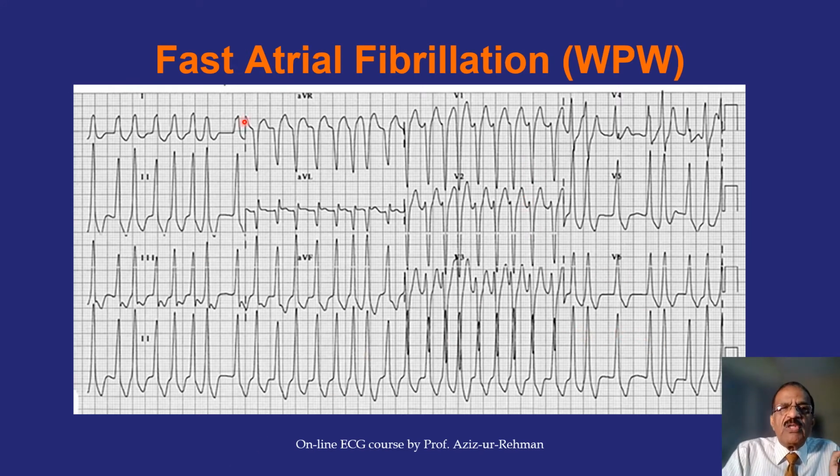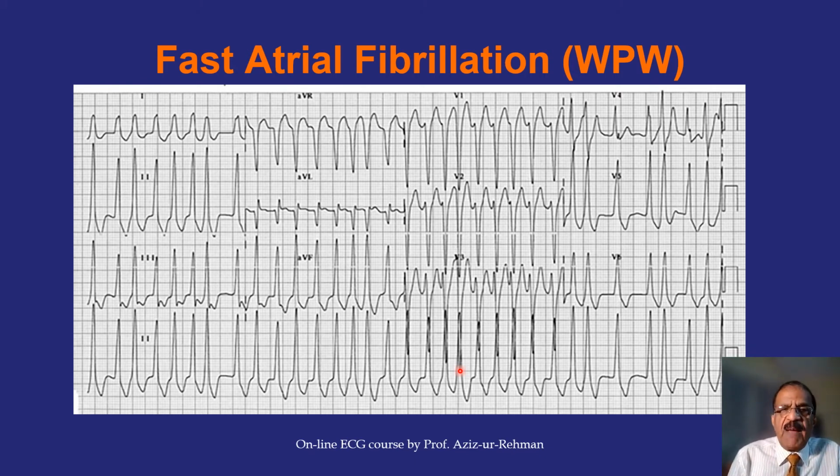So I know that this is atrial fibrillation and it is fast, it is broad, because this patient had Wolff-Parkinson-White syndrome. We have already covered that some patients with Wolff-Parkinson-White syndrome, if they have antegrade conduction through the anomalous pathway, antegrade meaning from atria to ventricle, may have SVT with broad complex, or may have atrial fibrillation with broad complex.